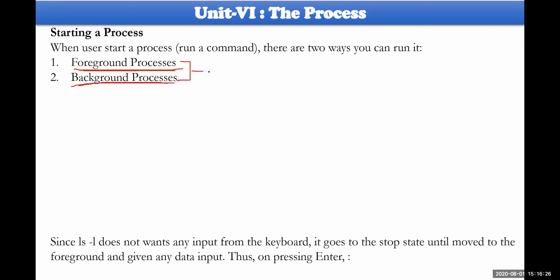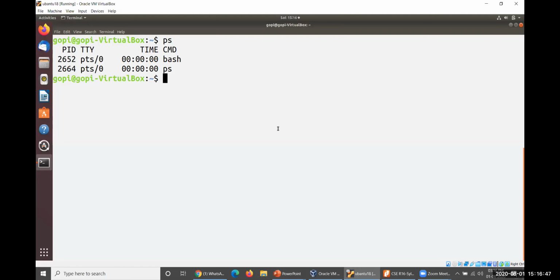A foreground process always takes the help of the keyboard. If you are trying to invoke any kind of process, you must give that particular process name at the $prompt. Let me say ls-l.